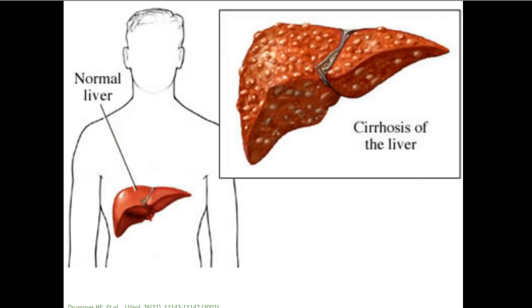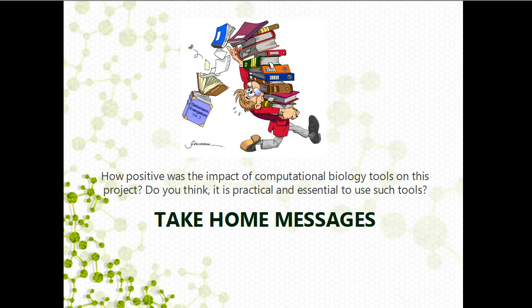So also having a ligand that inhibits such an interaction will prevent the progression of the disease into liver cirrhosis and finally hepatocellular carcinoma. So this was the postulated mechanism of action.